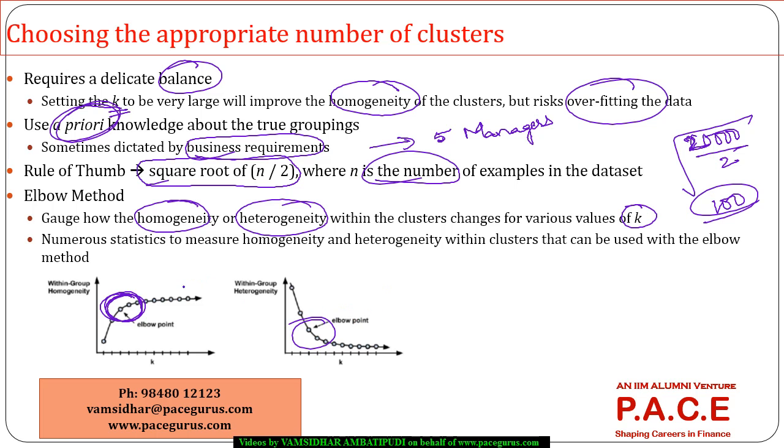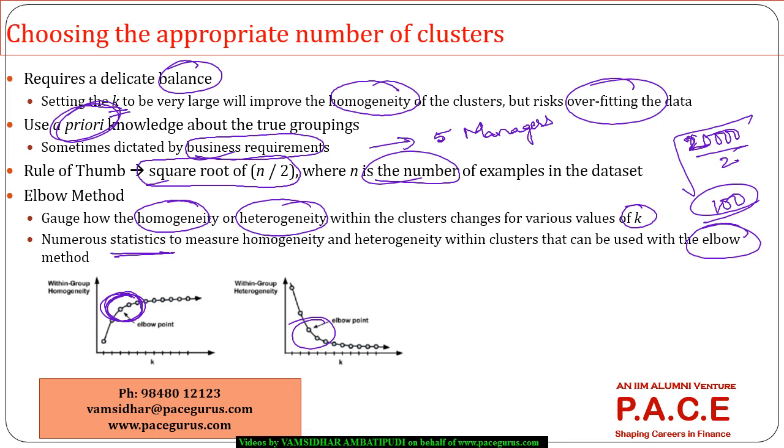To compute homogeneity versus heterogeneity, we have different kinds of statistical measures, and a lot of tools and algorithms have already implemented the elbow method as part of their implementation. So we can use that method to choose an appropriate number of clusters.